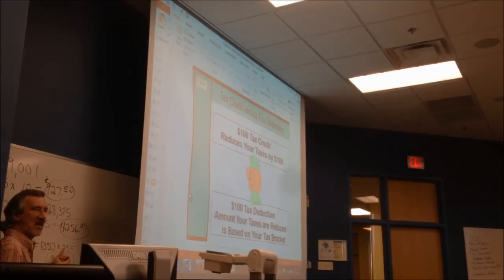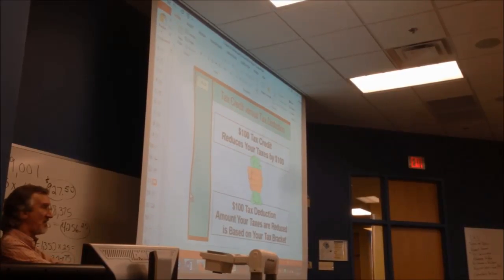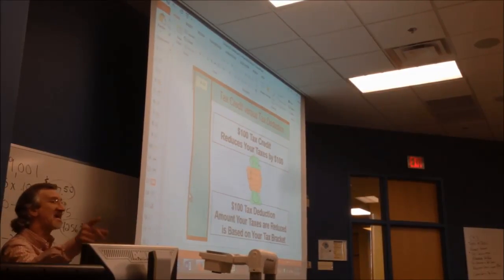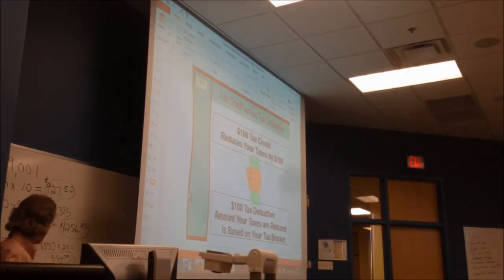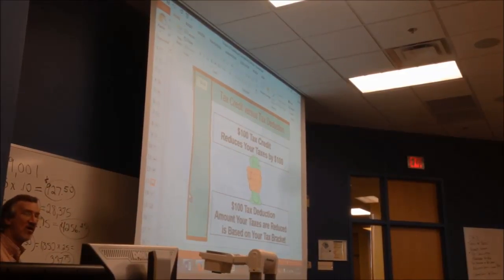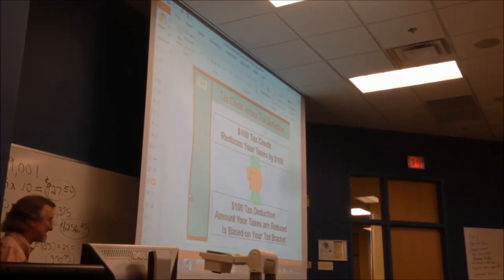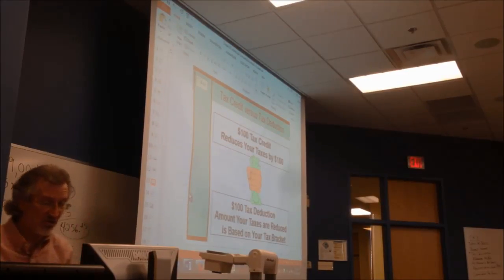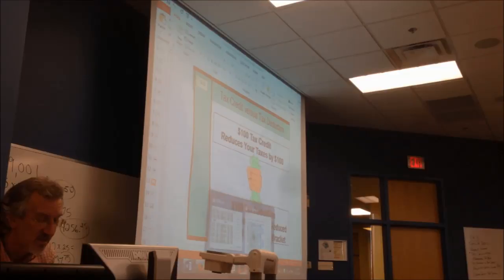So $25 out of the 100 is no longer owed on that $100. But if it's a tax credit, here's our taxes, $5,521. We get to subtract the full 100. We're not just bringing our taxes down $25, we're bringing the taxes down a full $100. That's the difference. And so I want to make sure you realize what a tax credit is.